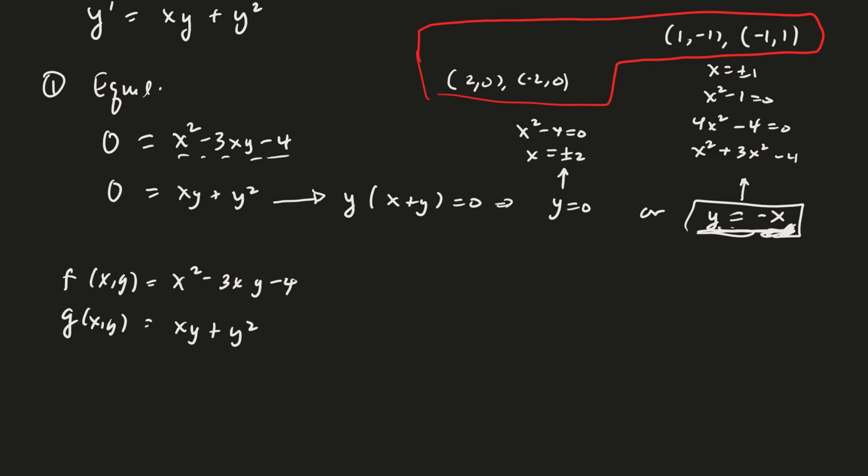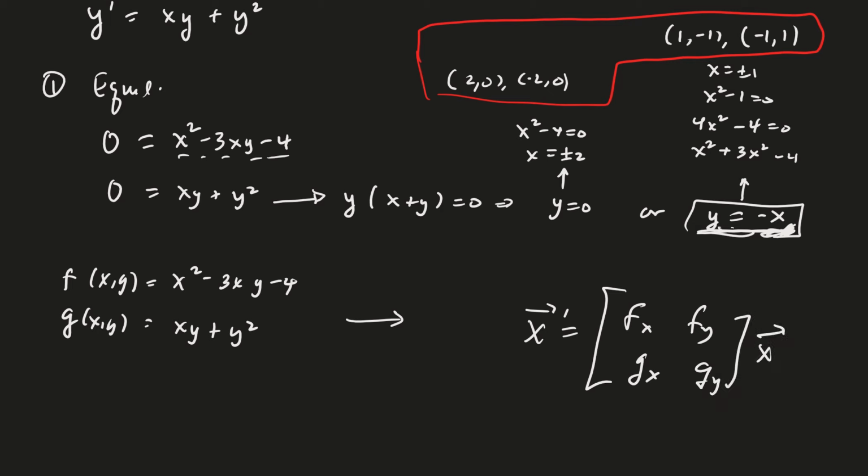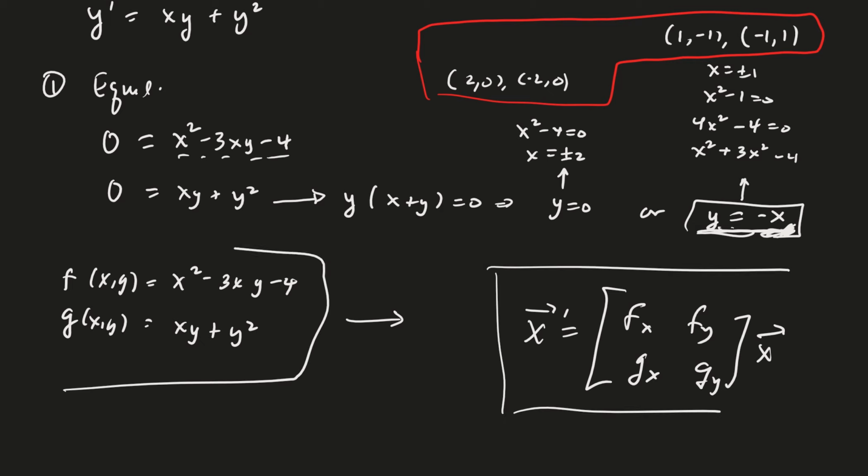And we want to convert that to x prime, which will basically be the matrix f sub x, f sub y, g sub x, g sub y. I'm just setting this up for the next video because we're just about out of time with this one. I'm going to start here at the linearization of this system in the next video, and we're going to analyze our system of differential equations at each of the 4 equilibria.